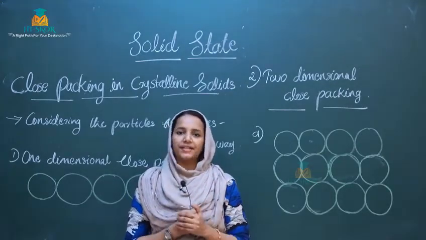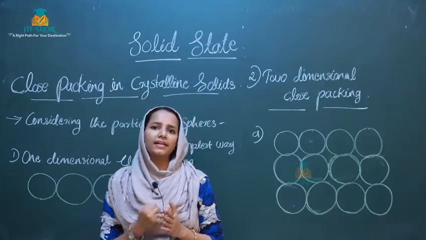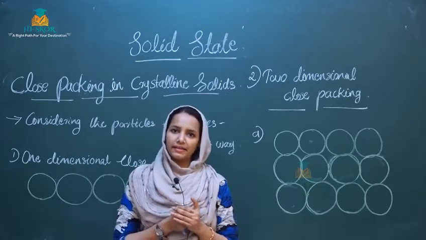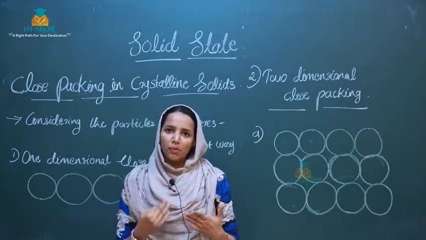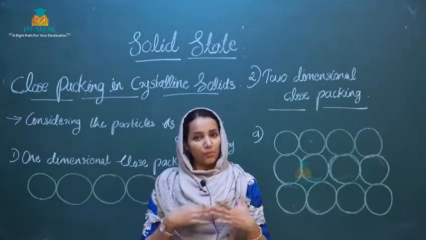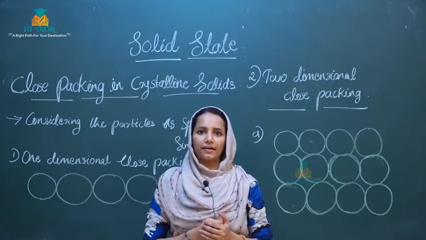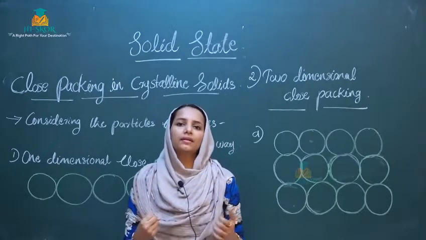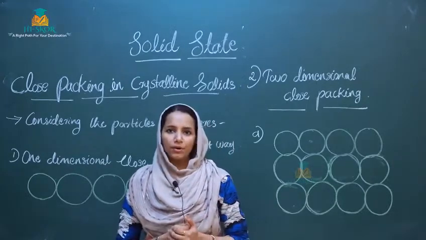What are the particles? Constituent particles, I told you many times. Maybe atoms, molecules, ions. Whatever the constituent particles may be, they should be arranged more closely. Then only the structure will be more stable.